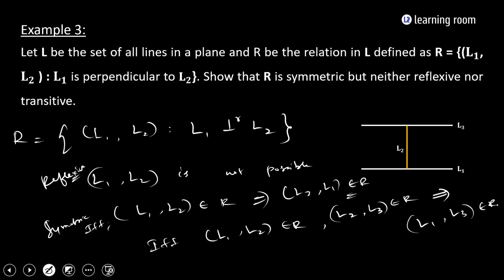L1 is perpendicular to L2, and L2 is perpendicular to some other line L3. By these two statements, can I conclude that L1 comma L3 is also a part of R? No, sir. Because L1 and L3 are going to be parallel to each other. That is what this diagram shows.